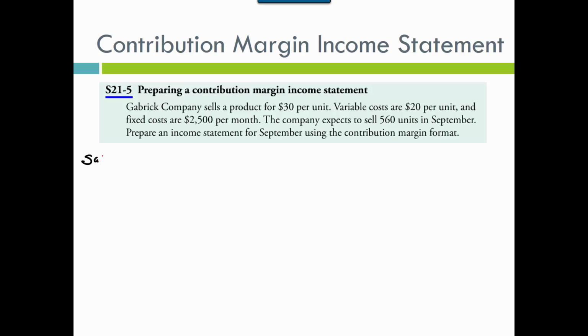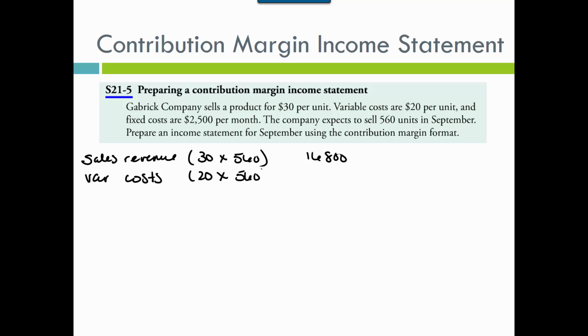So my net sales revenue will be $30 per unit times 560 units. So that is 16.8. My total variable cost will be $20 a unit times 560 units.